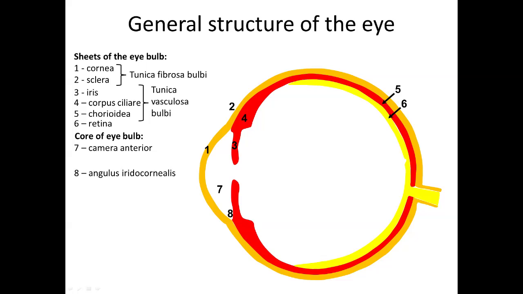And this angulus iridocornealis plays a role in the pathogenesis of the so-called disease glaucoma.